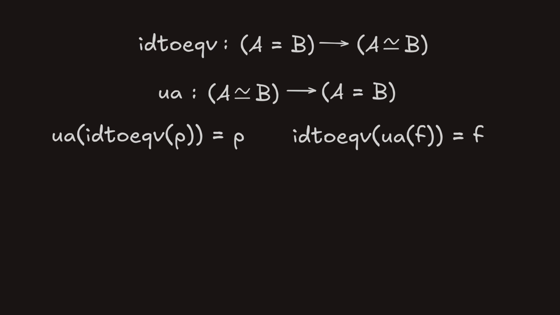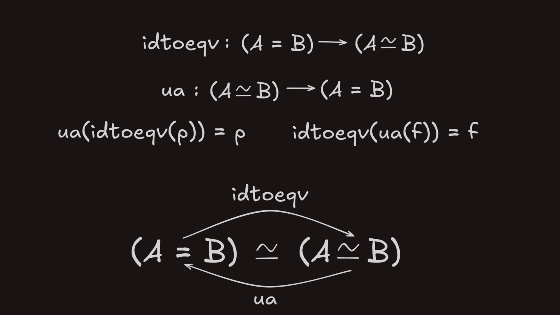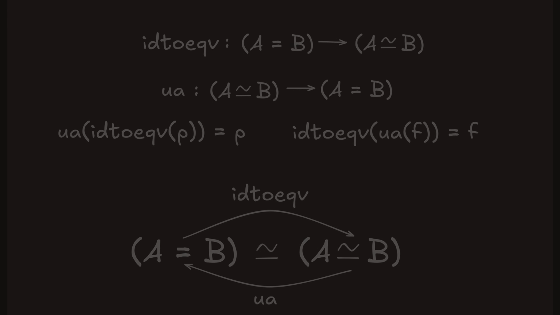In other words, the Univalence Axiom says that idtoeqv is an equivalence. Using the Univalence Axiom, we can construct paths between all kinds of types.